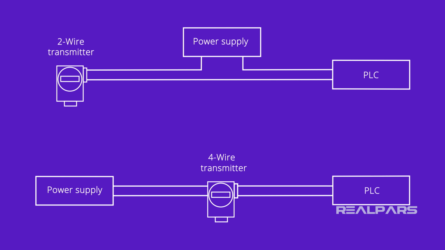The actual wiring between the transmitter and the power supply depends upon whether it is a 2-wire or a 4-wire type. A 4-wire transmitter has 2 wires connected to a power supply and 2 signal wires connected to the PLC. A 2-wire transmitter has only 2 wires and is connected in series with the power supply and the PLC.